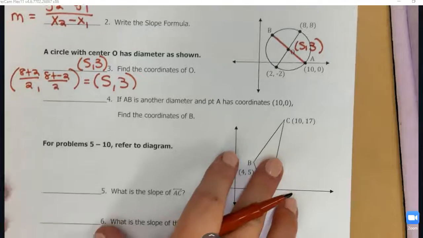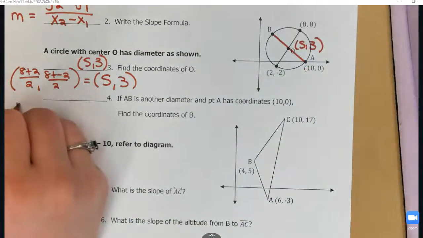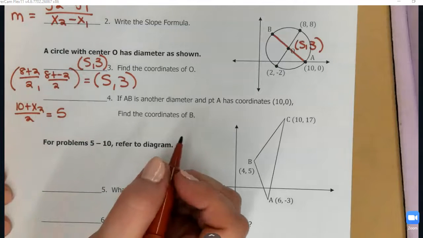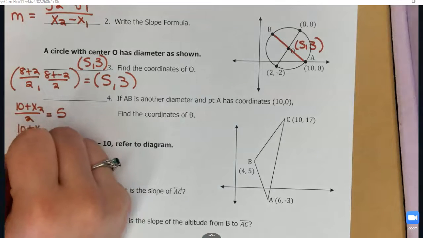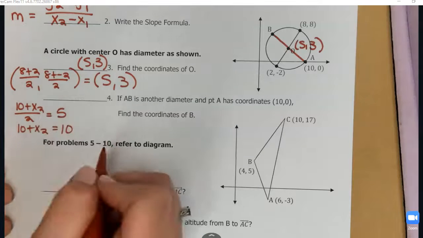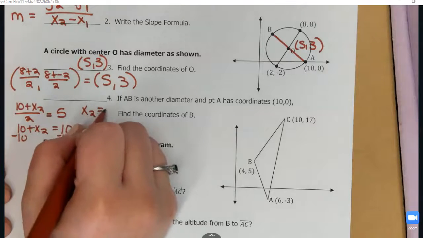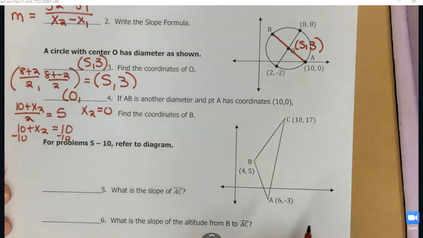So basically what we're looking at here is that my midpoint is 5. So that means that 10 plus x2 divided by 2 is 5. So I'm going to work backwards to find x2. I multiply both sides by 2, and I get that 10 plus x2 equals 10. Then if I subtract 10, I find that x2 is 0. So the x coordinate is going to be 0.